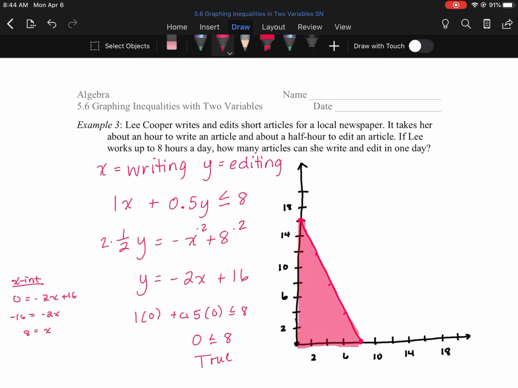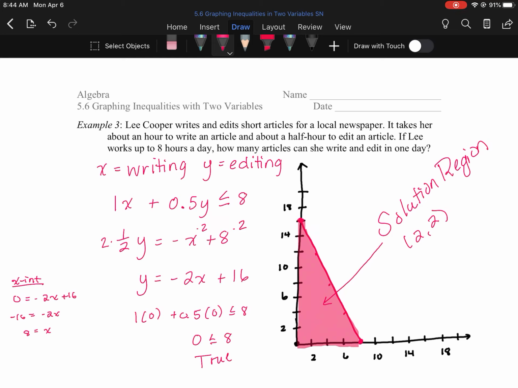So that means any combination that's in that shaded region. So that shaded region is my solution region. So that means any 2 values that are in that region will work. So I could pick 2, 2 as a solution.